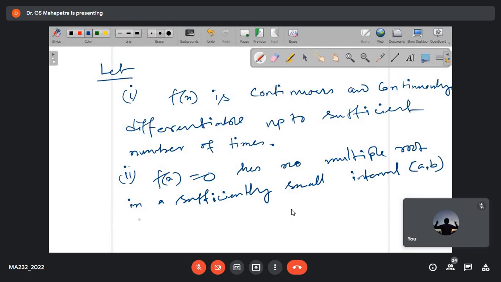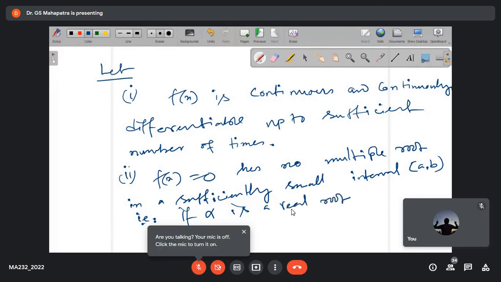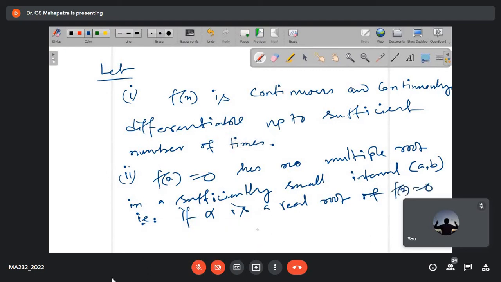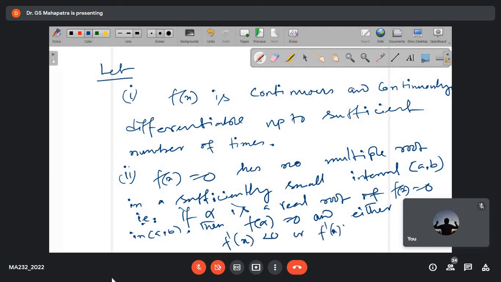That is, if alpha is a real root of f of x equals to 0 in a comma b, then f of alpha equals 0 and either f dash x less than 0 or f dash x greater than 0 in a comma b.